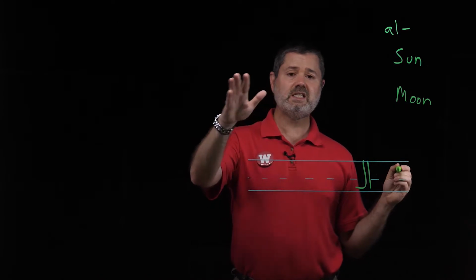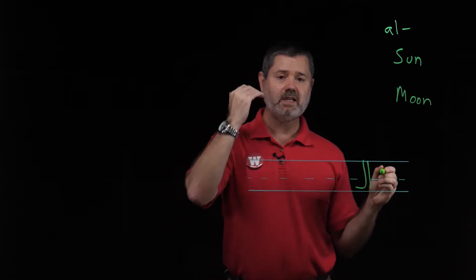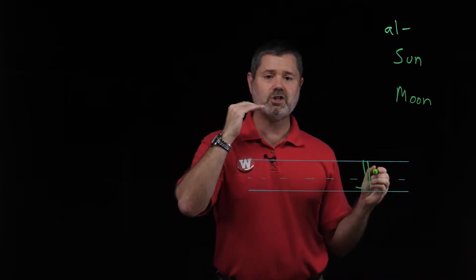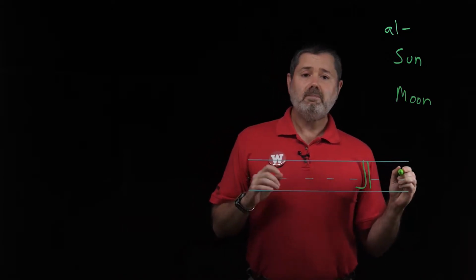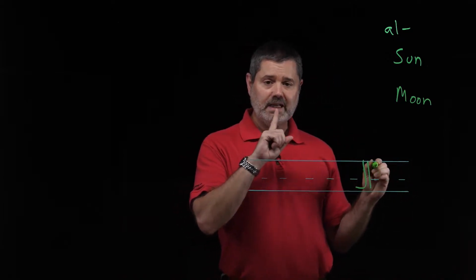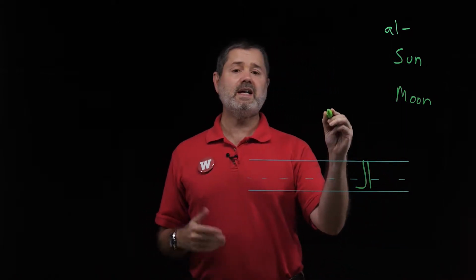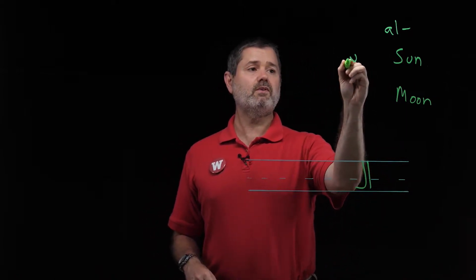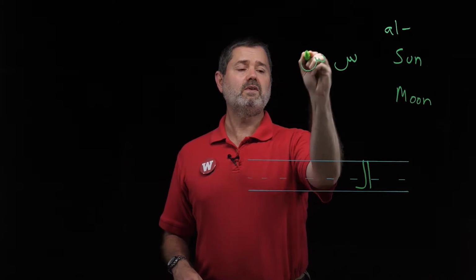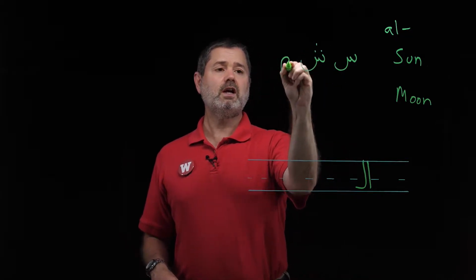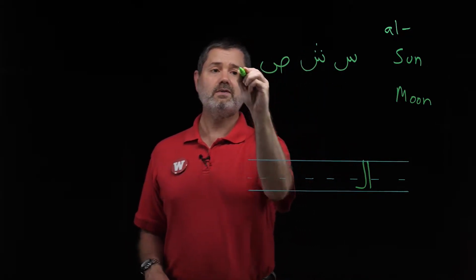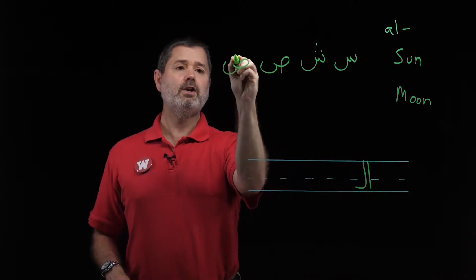So sun in Arabic is shams, and these are letters that are called shamsi. These are basically letters that are made in the front of the mouth. So it's going to include all of our S sounds, which we know we have a bunch. We have seen, we have sheen, we have sod, and sod's partner, dod.